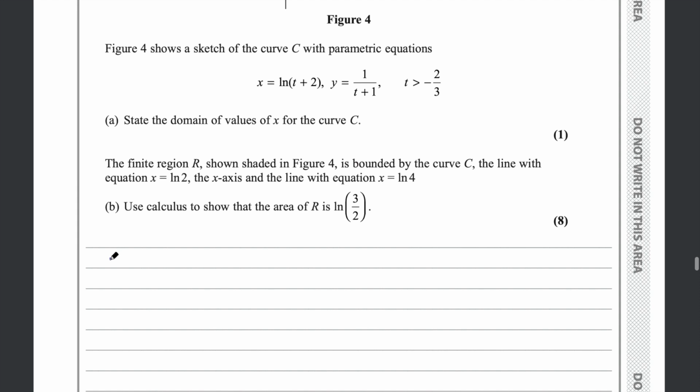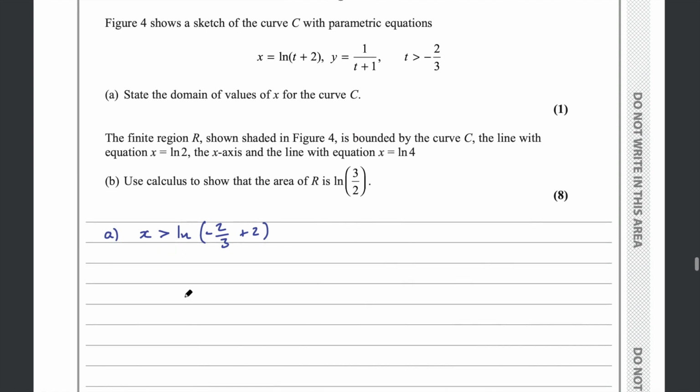So for part A, we'll say that x is greater than the log of -2/3 plus 2. Right, so I've just substituted that minimum t value into the equation for x.